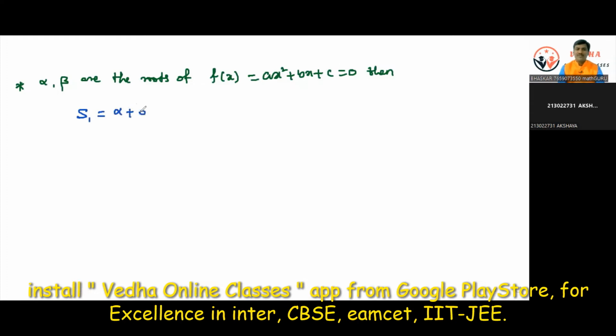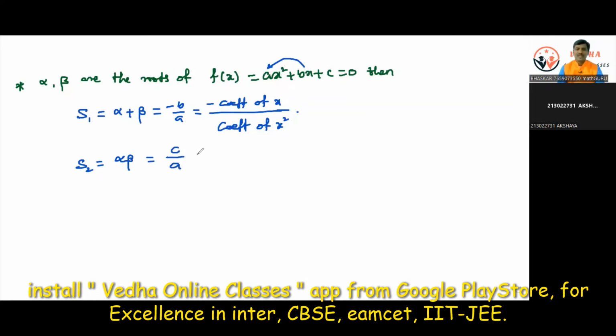That means alpha plus beta is equal to minus b by a, that is minus coefficient of x divided by coefficient of x square. And S2 is equal to alpha into beta is equal to c by a, c divided by a.